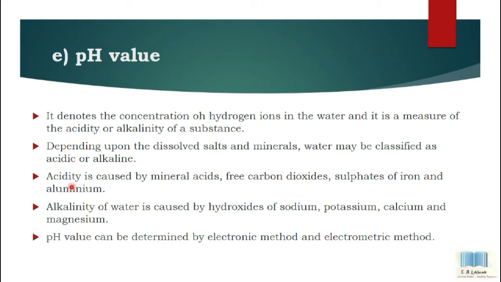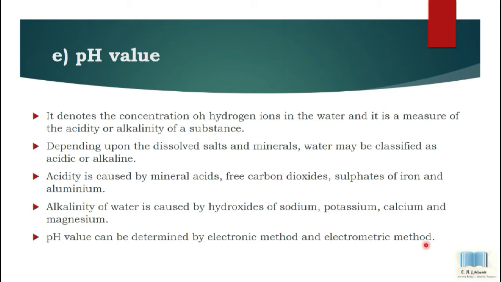Then the third point is acidity is caused by mineral acids, free carbon dioxide, sulfates of iron and aluminium. Then the next point is alkalinity of water is caused by hydroxides of sodium, potassium, calcium and magnesium. And the last point is pH value can be determined by electronic method and electrometric method.